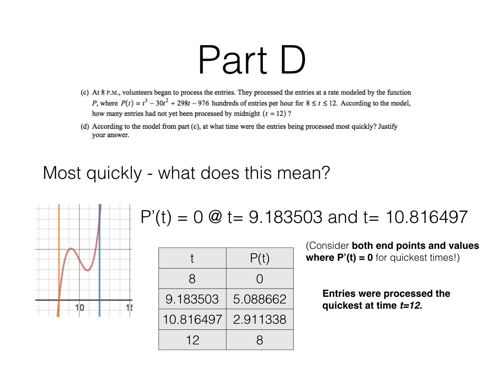And we're going to find that p of t is greatest when t equals 12. And we're going to write this little summary statement here: entries were processed the quickest at time t equals 12. And if you had no idea about part C, try to use part D to help you. Know that some sort of derivative or integral is very likely to be needed, so try to figure out how you can use that information to help you.